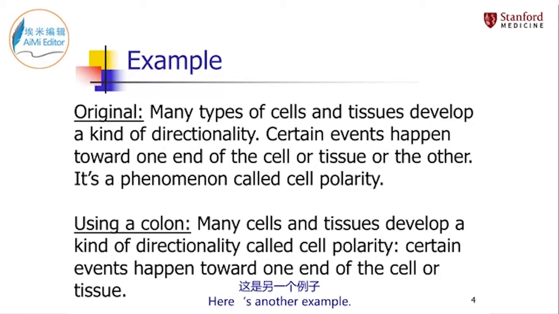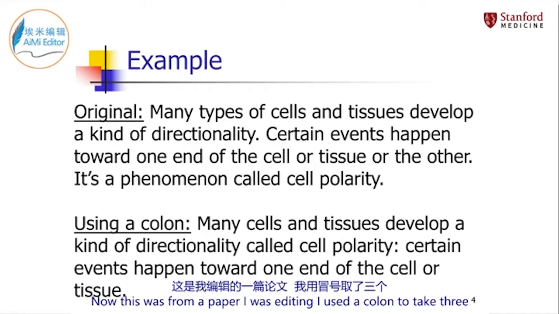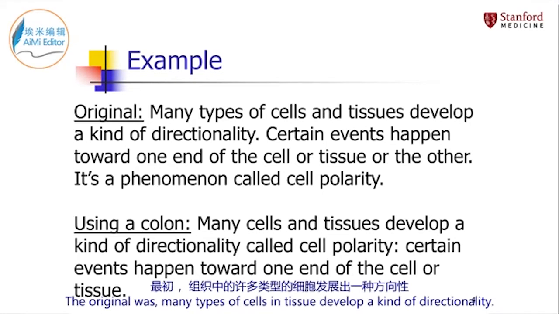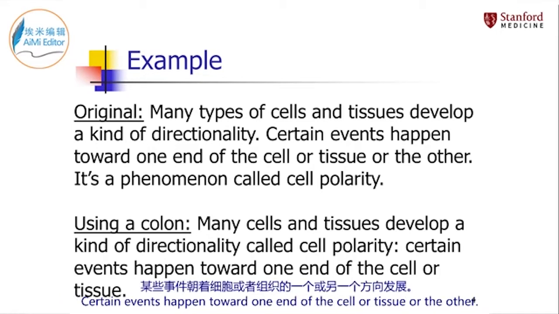Here's another example. This was from a paper I was editing. I used a colon to take 3 simple, boring sentences and aggregate them into one more complex sentence. The original was, "Many types of cells and tissues develop a kind of directionality. Certain events happen toward one end of the cell or tissue or the other.